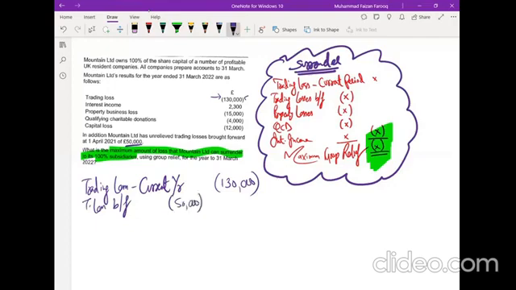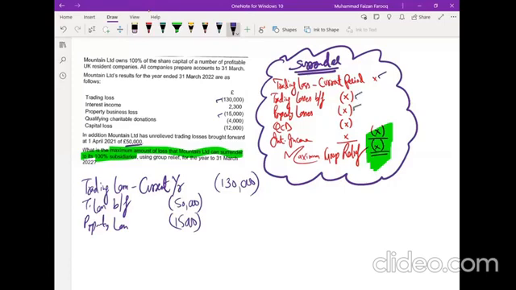Then what do we need? Property loss as per the format. How much? 15,000. Okay. What else? There's a capital loss. No, check the format. We took this one, we took this one, we took this one.